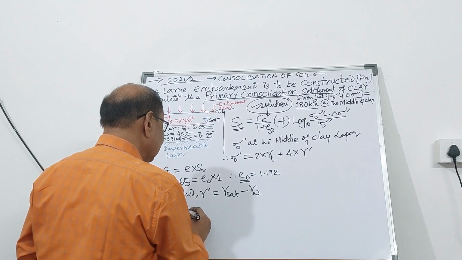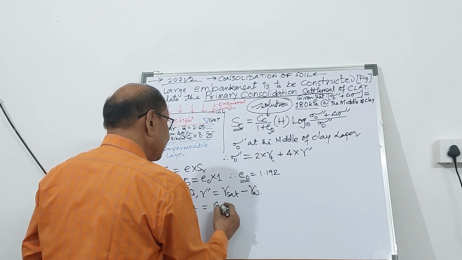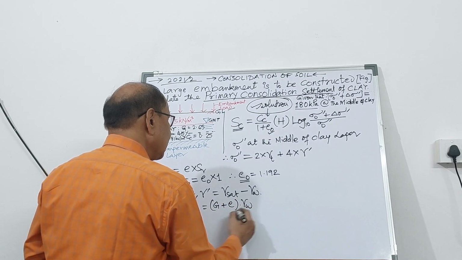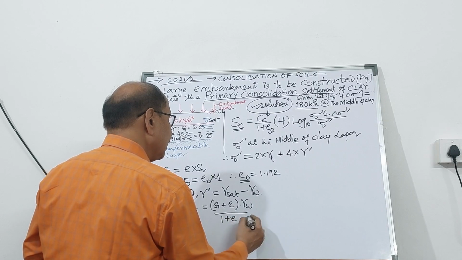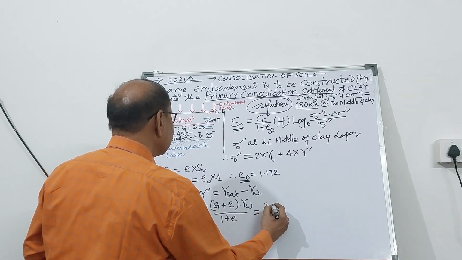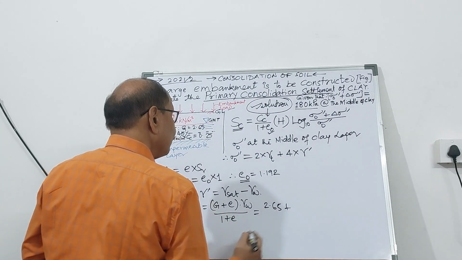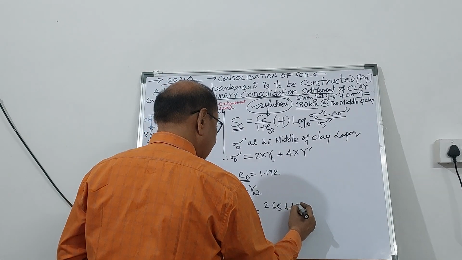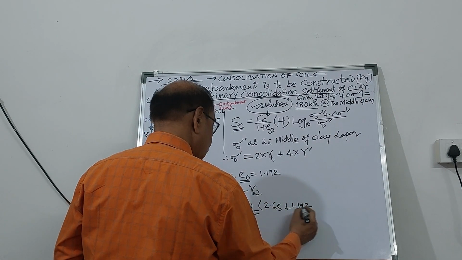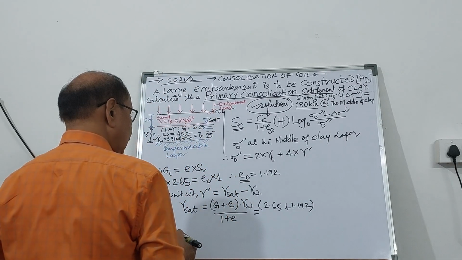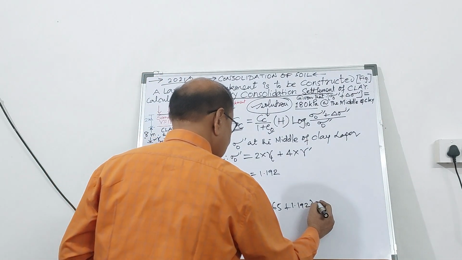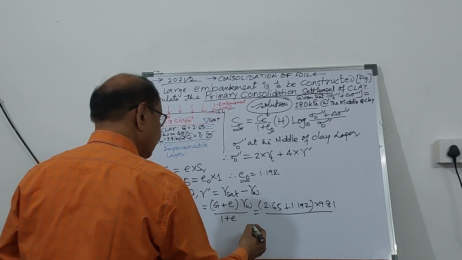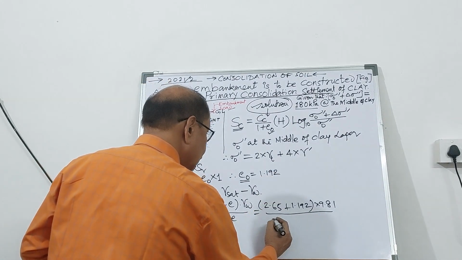Gamma sat will be (G plus e) gamma W divided by 1 plus e. So G is 2.65 for the clay and e value is 1.192, multiplied by gamma W, that is 9.81, divided by 1 plus e.